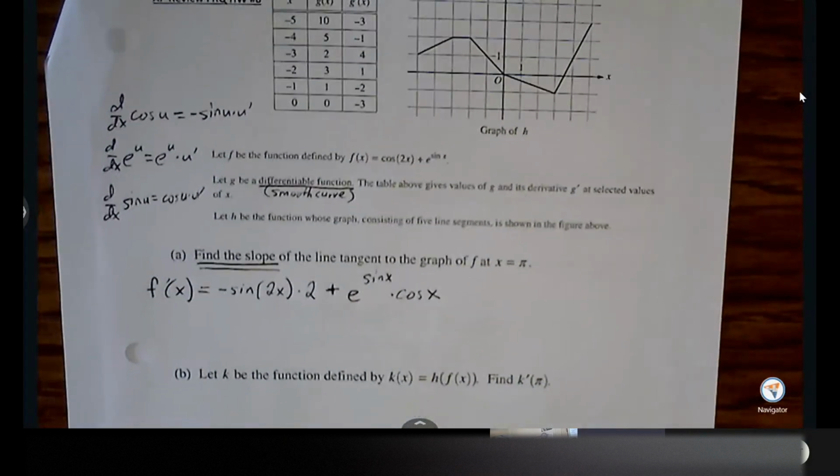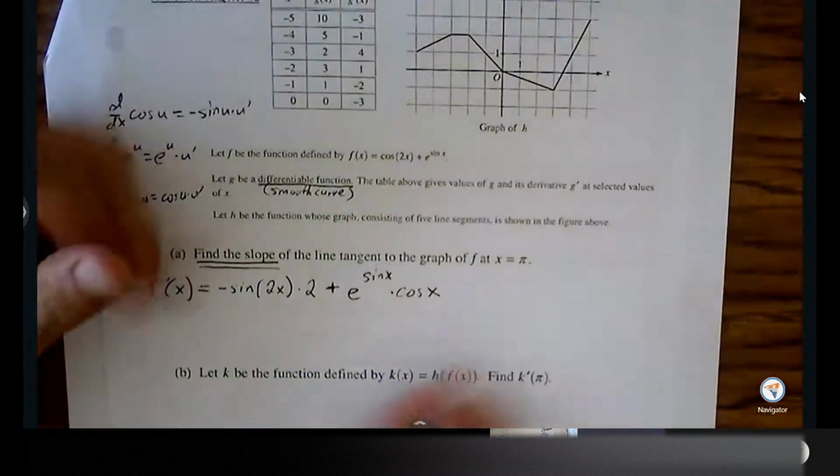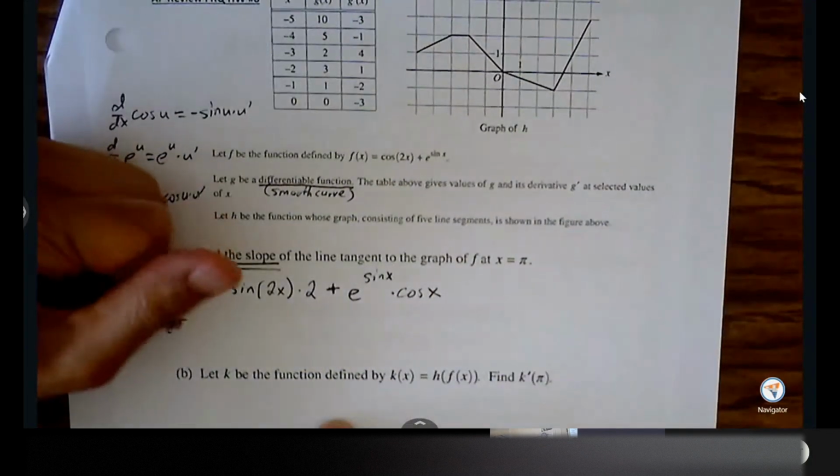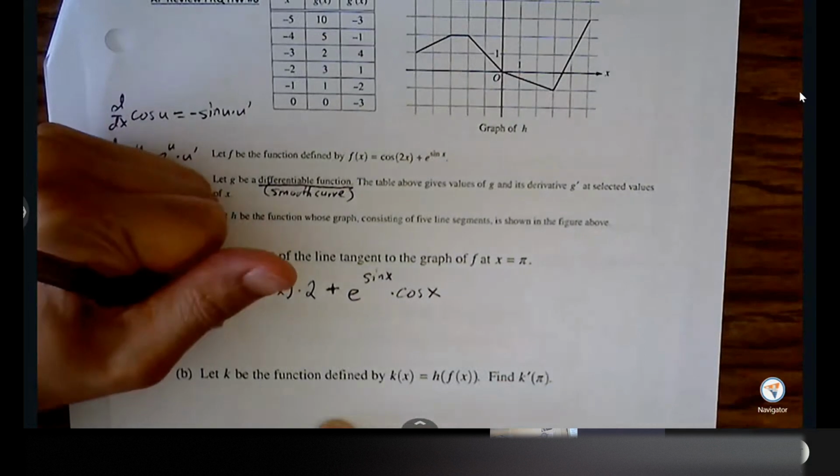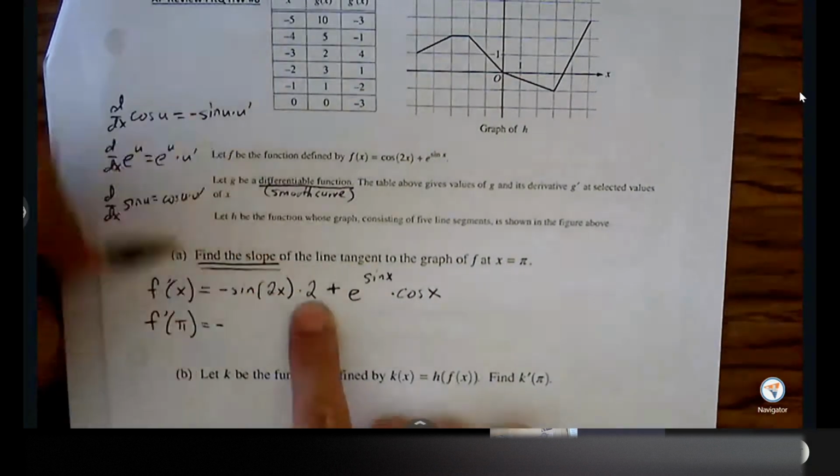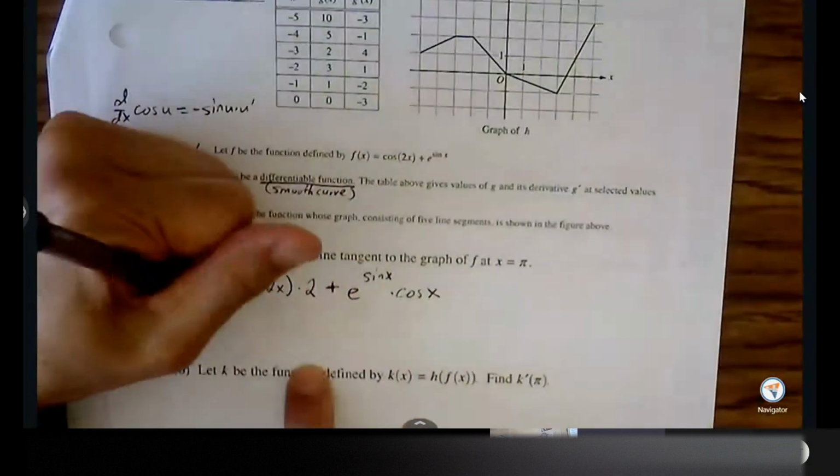All right, now that we have our derivative, we can evaluate it, and that will take us to the slope. I'll leave the 2 out in front here.